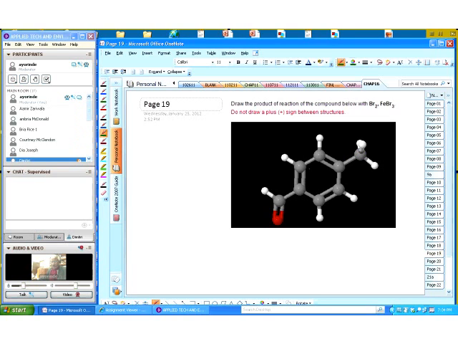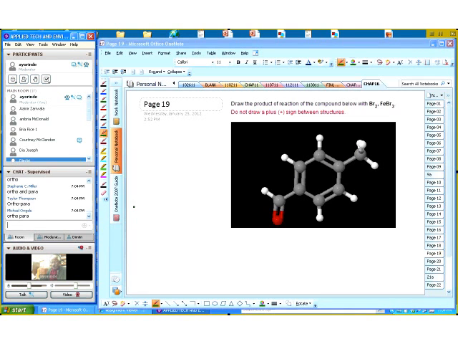You could send me a text message if you want. Okay, I see the messages here. Ortho-para director. Excellent. Okay, all of you say ortho-para director. Okay, how about the aldehyde group? What kind of director is this group here? Meta-director. Great.